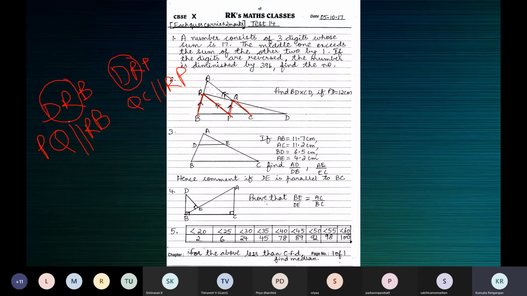Now prove that. Now take up the triangle DRB. Oh, sorry, I have to erase everything. Okay, look at the triangle DRB.